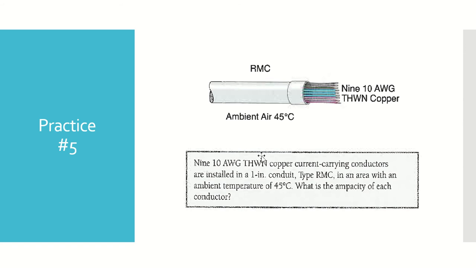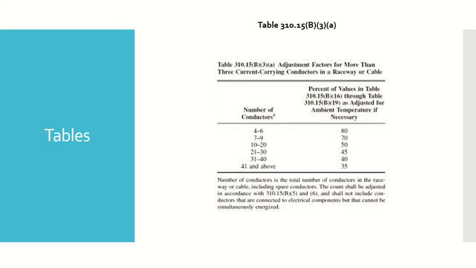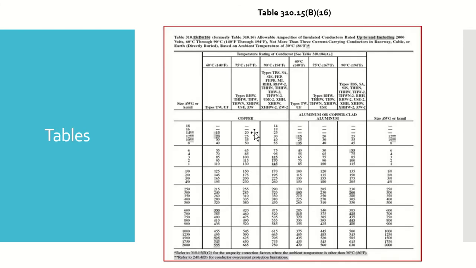So first thing I'm going to do is look and see what a THWN conductor is. That is a 75 degrees C wire. And what are number 10s good for? Where those two columns meet up, it tells me 35 amps.